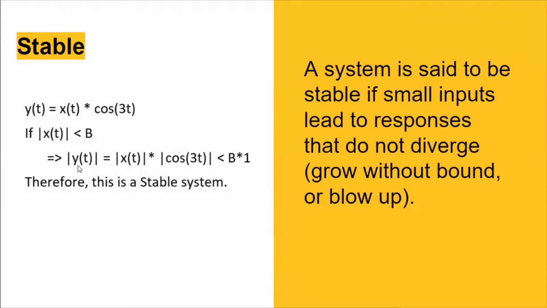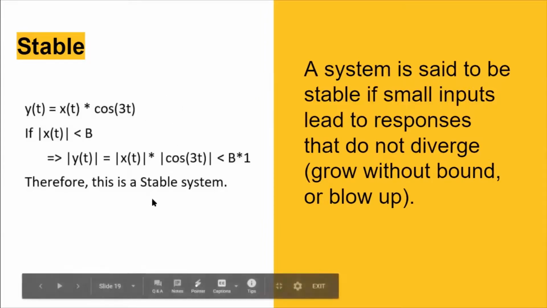So we can take the absolute value on both sides and look at cosine of 3t. Would this always be bounded? Is there any value of t that would make the cosine of 3t go to infinity? If you understand how a cosine wave works, that's never going to be the case. Cosine is always going to be between 1 and -1. It's never going to be higher or lower than those two.